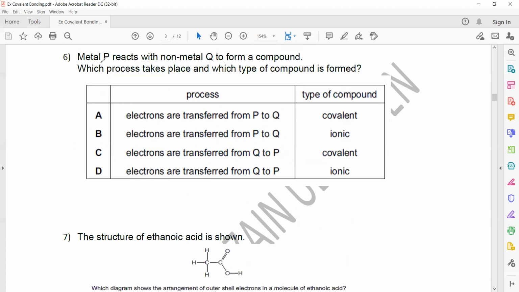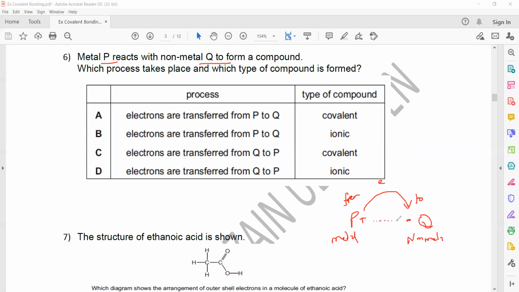In question 6, metal P reacts with non-metal Q. Which process takes place? When a metal reacts with a non-metal, electrons transfer from the metal to the non-metal. When the metal loses electrons, it gets a positive charge, and the non-metal gains electrons and gets a negative charge.